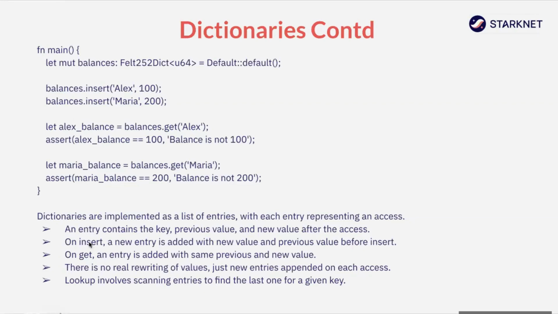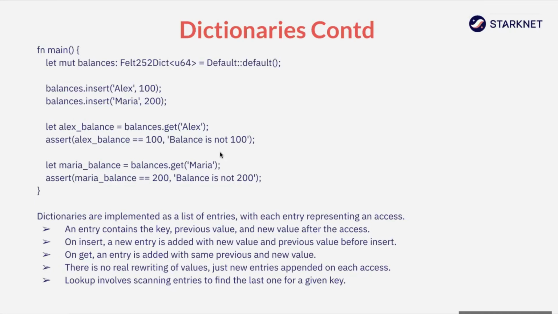On insert, a new entry is added with the new value and the previous value before the insert. On get, an entry is added with the same previous value and the same new value.